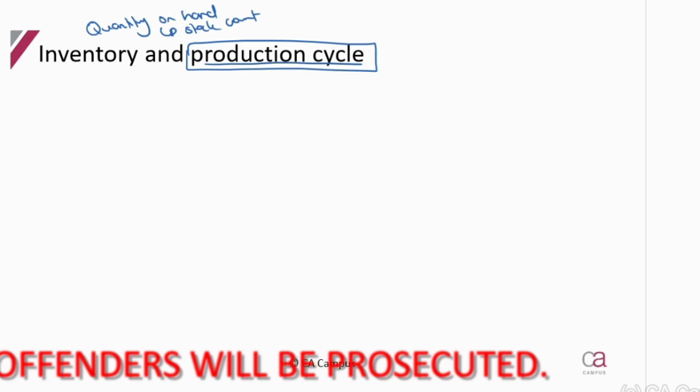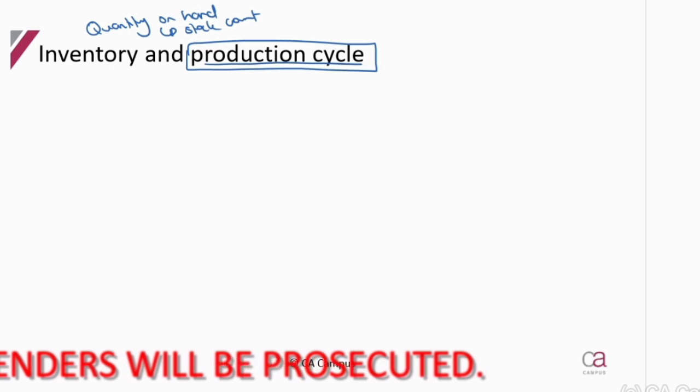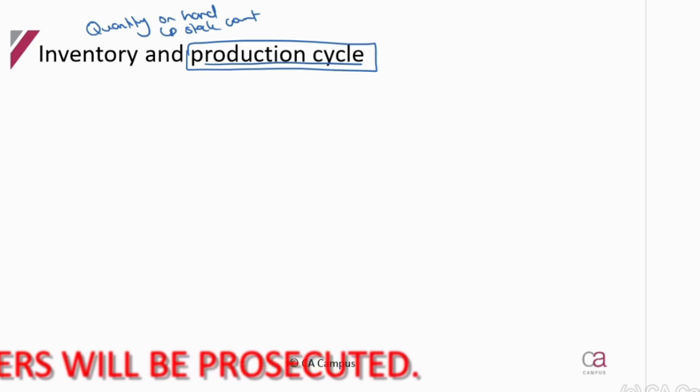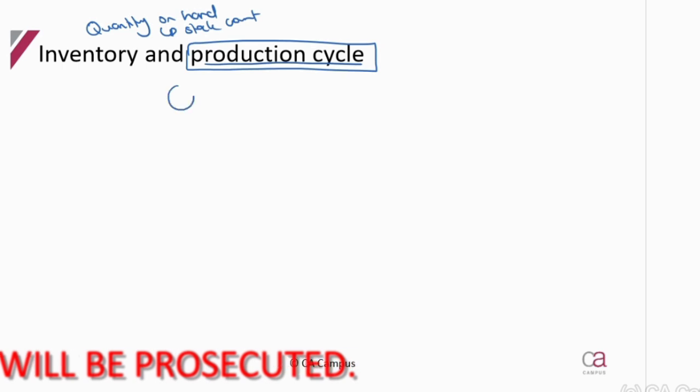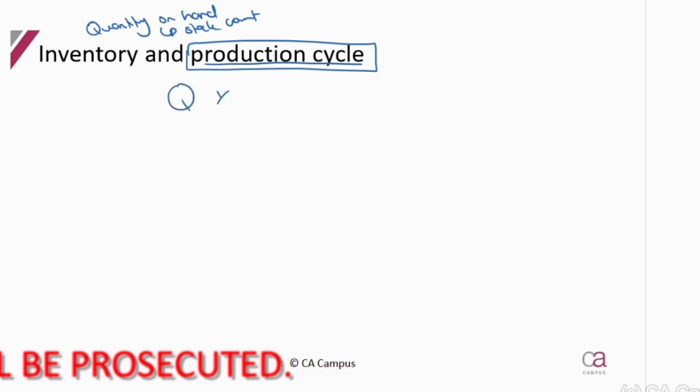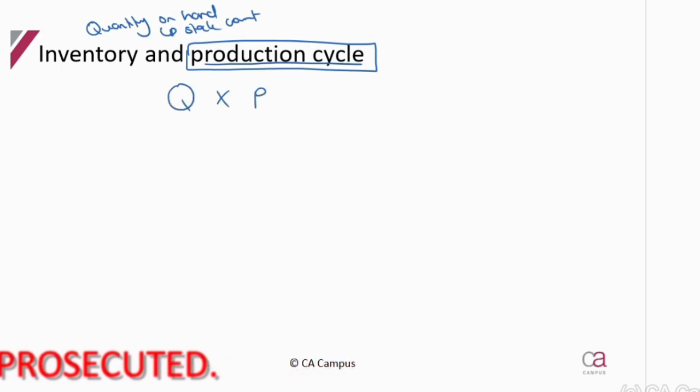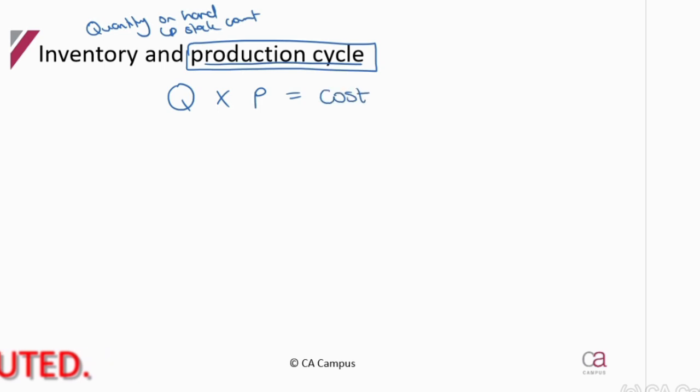So thinking about inventory, how do they go about recording it? Inventory is recorded as your quantity multiplied by your price, which is going to equal the cost of inventory recorded in your accounting records.